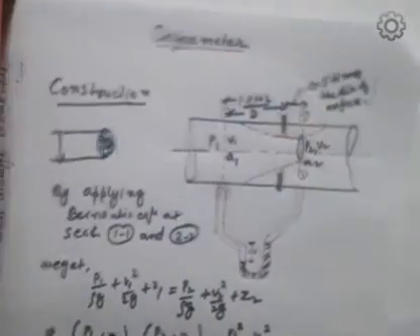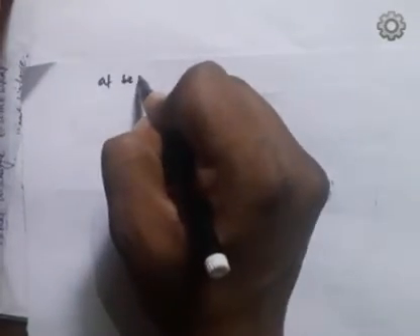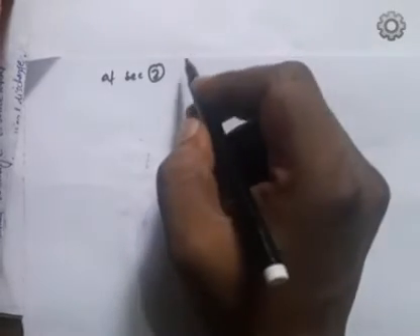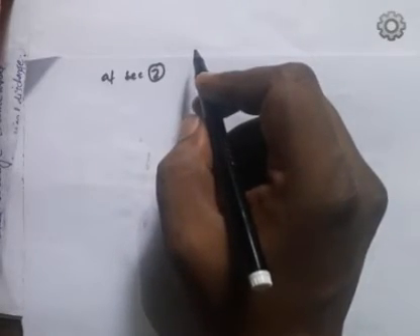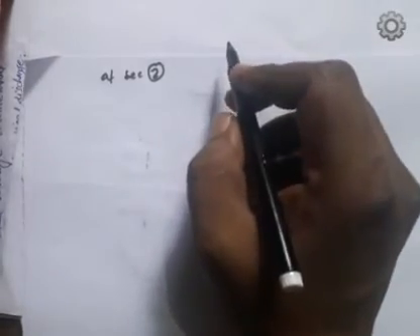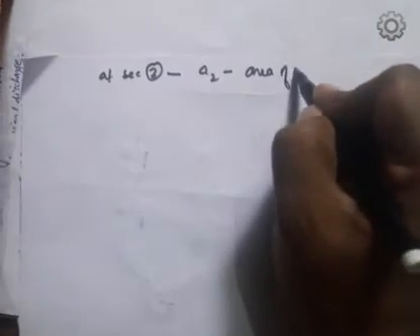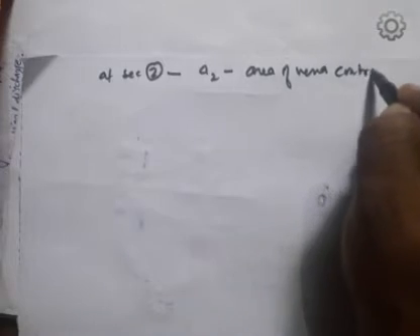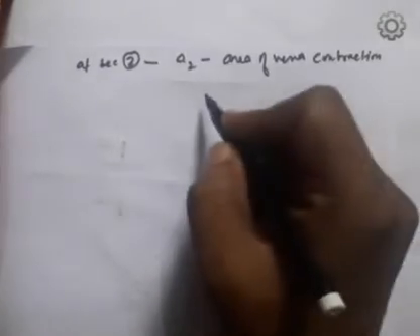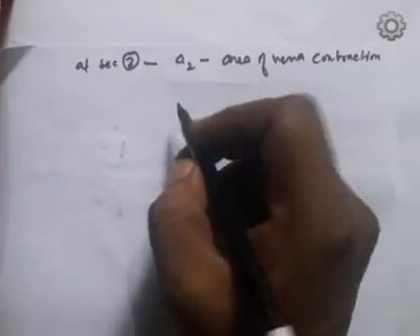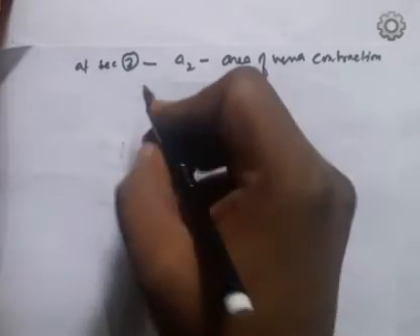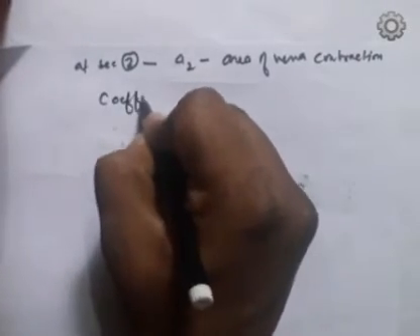So vena contracta is at section 2 and A2 represents the area of vena contracta. So there is a term defined as coefficient of contraction.